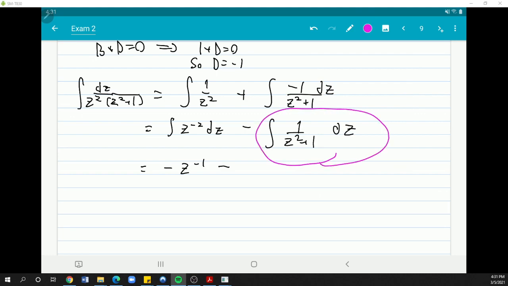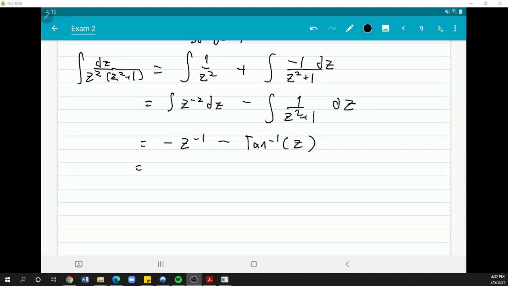You might do a trig substitution or try a u substitution and that doesn't work, and you scratch your head and say, man, this integral looks hard. But it's good to keep in mind this is just the tan inverse of z. The derivative of tan inverse is 1 over z squared plus 1. That's a thing that students sometimes forget, but it really does show up on these sometimes. And so finally, my final answer is minus 1 over z minus tan inverse of z plus c.